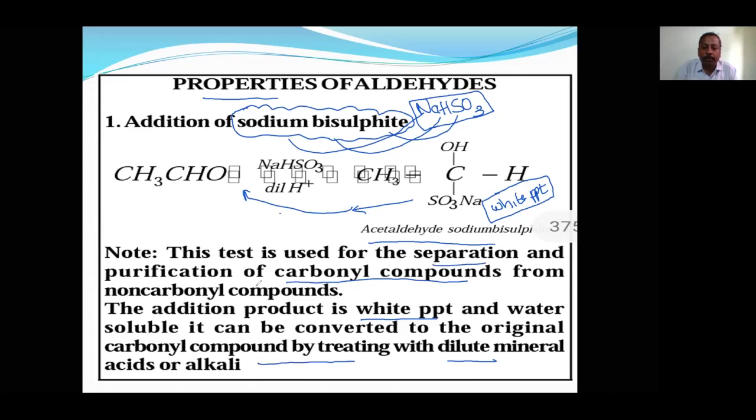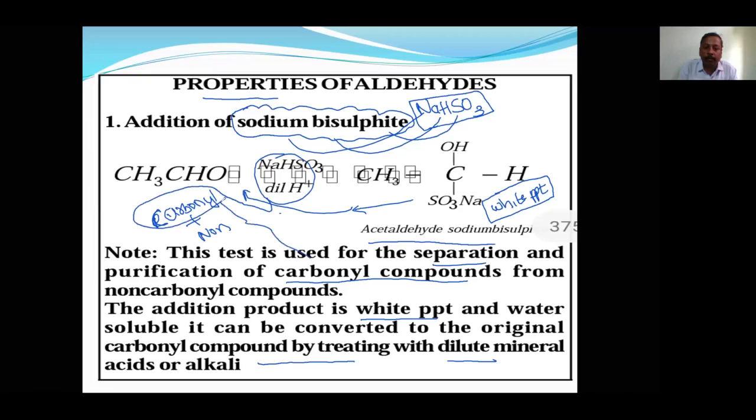From non-carbonyl compounds. Here carbonyl compound means aldehyde and ketone. Suppose a carbonyl compound is there and a non-carbonyl compound is there. When you react sodium bisulfite with this, it will react with only the carbonyl.